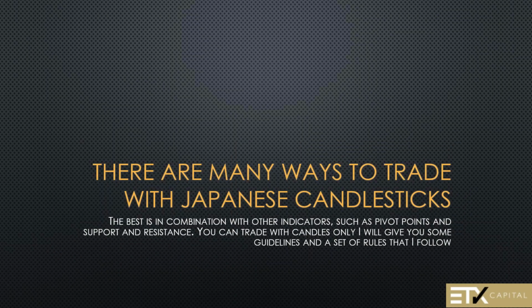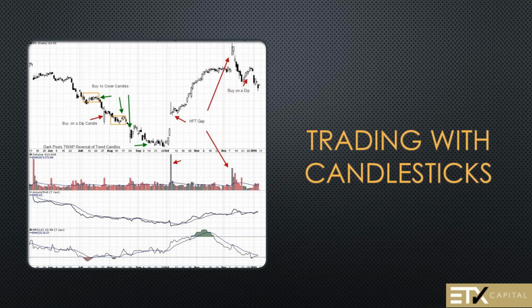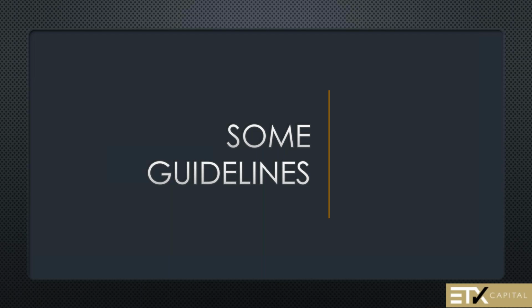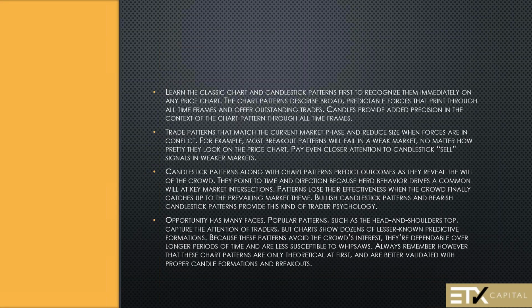So there are many ways to trade with Japanese candlesticks. The best is in combination with other indicators such as pivot points and support and resistance. And you can trade with candles only. I can only give you some general guidelines and a set of rules. So learn the classic chart and candlestick patterns first, to recognize them immediately on any price chart.